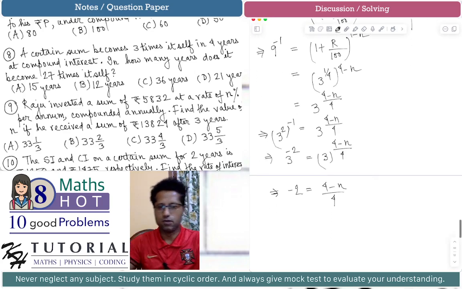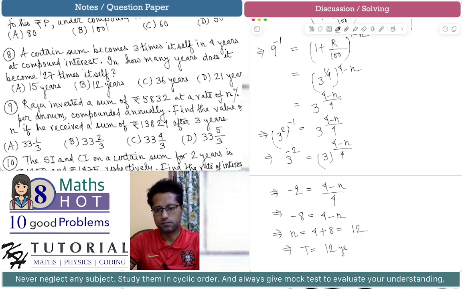Now this is a linear equation in n, we can solve. So this implies minus 8 is equal to 4 minus n. This implies n is equal to 4 plus 8, which is equal to 12. So this implies t is equal to 12 years.